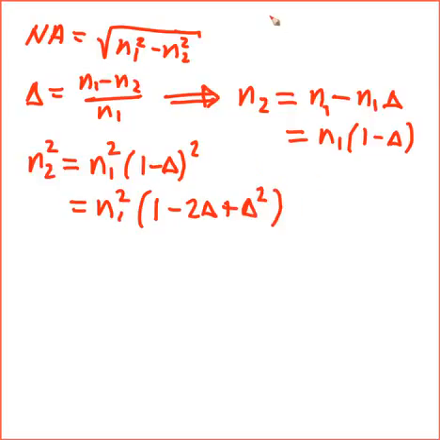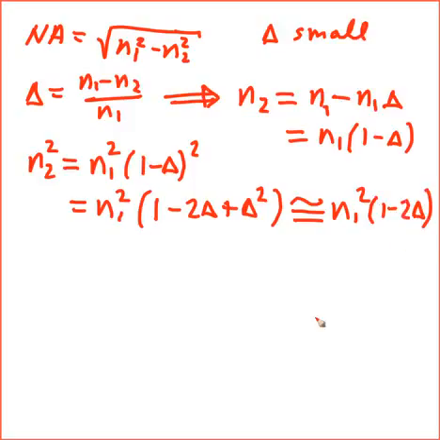But if delta is small, then delta squared is really small compared to either delta or 1, and so this is approximately equal to n1 squared, 1 minus 2 delta. And so that's the trick, is to get rid of the delta squared term here.